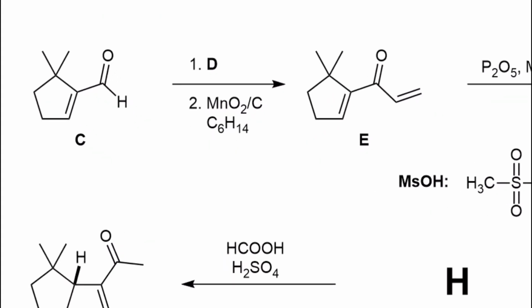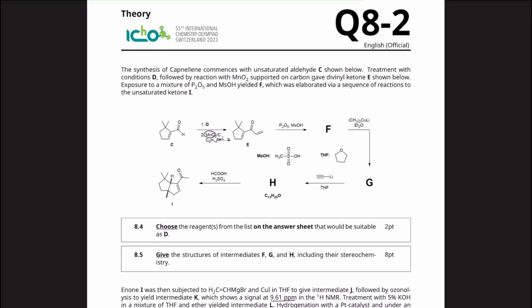Manganese dioxide is an oxidizing agent, so it's going to oxidize our alcohol after a nucleophilic attack of D on the carbonyl. So D must be some kind of electrophile, and it must be a hard nucleophile as well, because if D is a soft nucleophile, it would do conjugate attack.